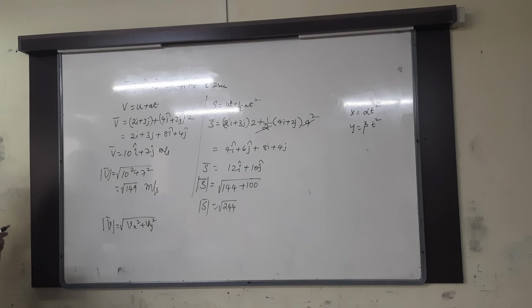How to get vx from the x? x is what? Displacement, no? x is displacement. How to get the velocity from the displacement? How to get the velocity from the variable displacement? What is the velocity formula? Displacement by time.